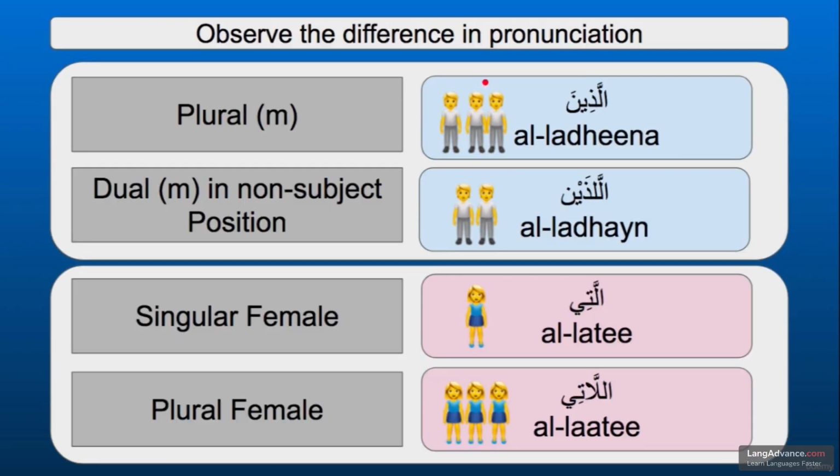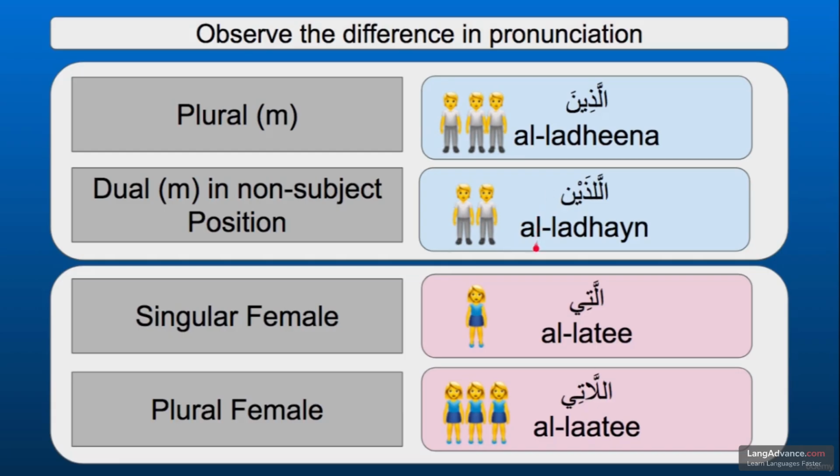And here is something for pronunciation, because some of these relative pronouns look very similar to each other. So we can find something like الذين, which is the plural relative pronoun for the male, and we have اللذين, which is the dual but the one in the non-subject position or in the object position.